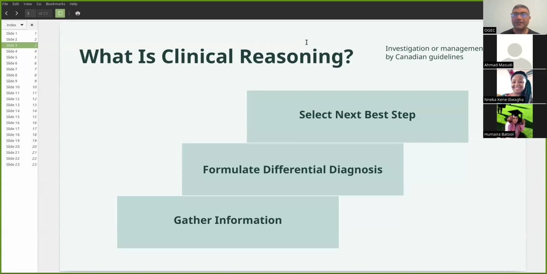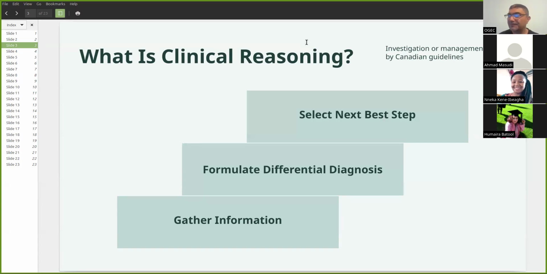We have to apply the knowledge in a structured, logical way. Because the MCCQE1 tests this skill, clinical reasoning, but they test it through MCQs.